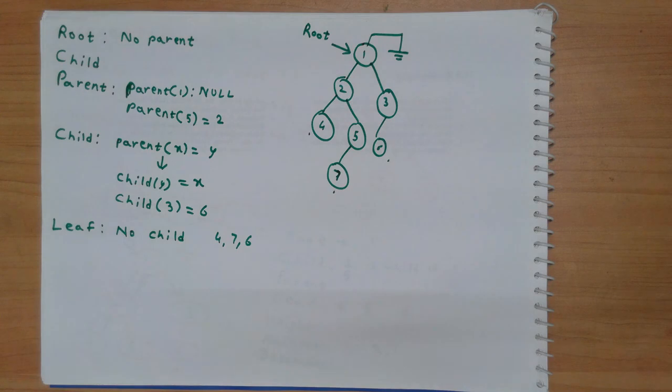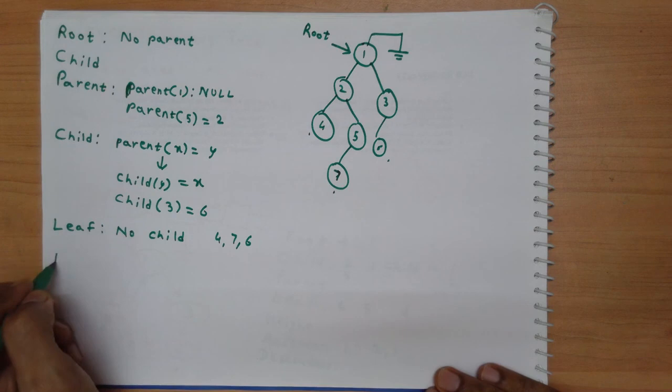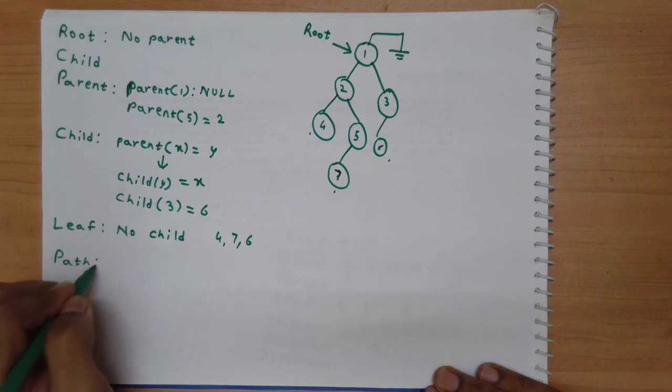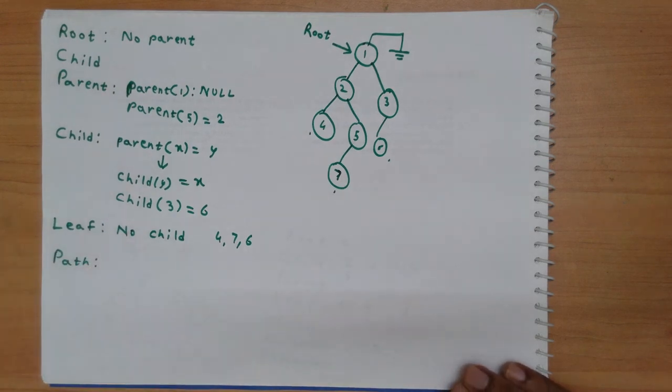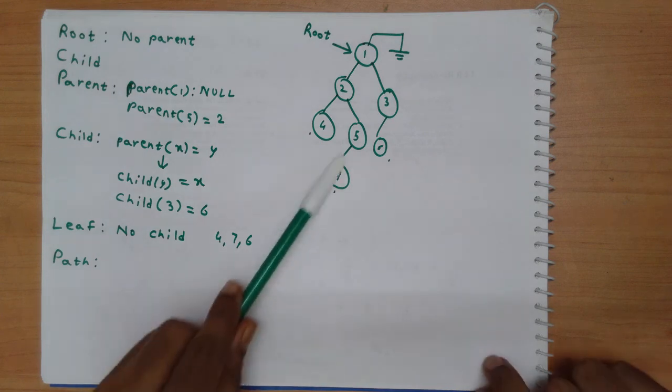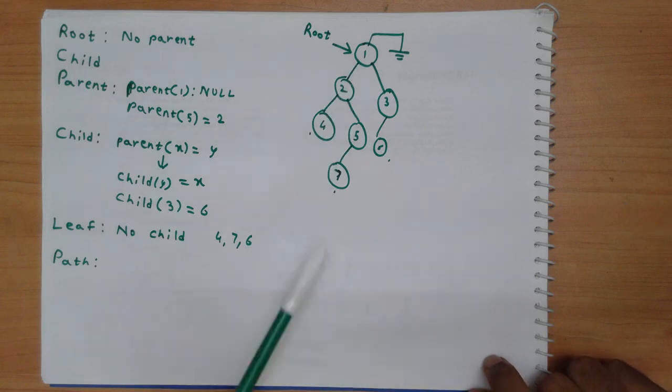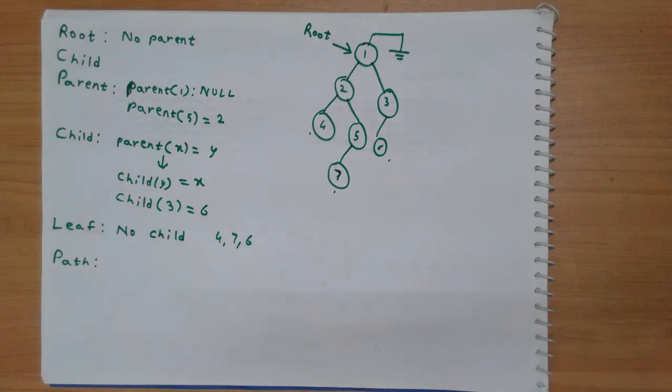Once I have defined the leaf node, now let's define something called a path in our tree. I'm sure that you must be doing the discrete math course, and there you would be defining these terms more rigorously. So we'll say that in our tree, given two nodes, a path is a sequence of edges which are not repeated that connect these two nodes.